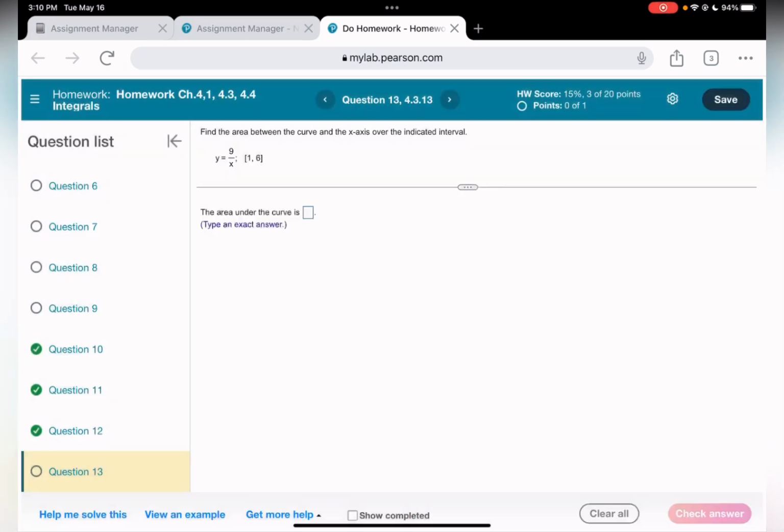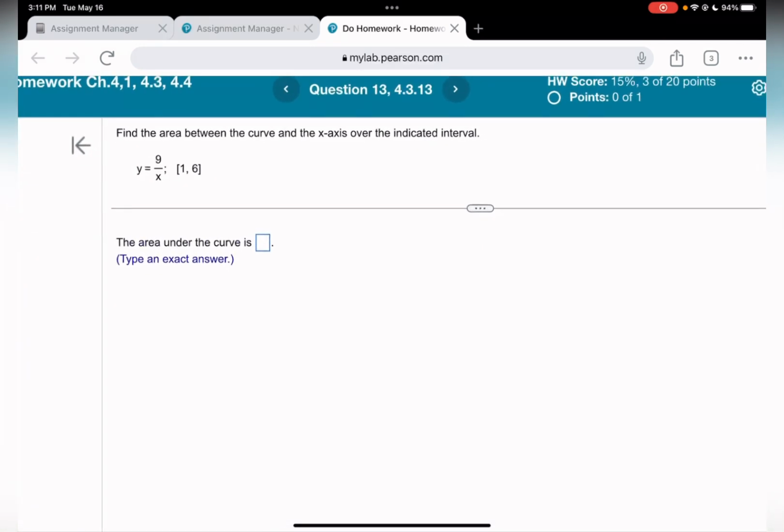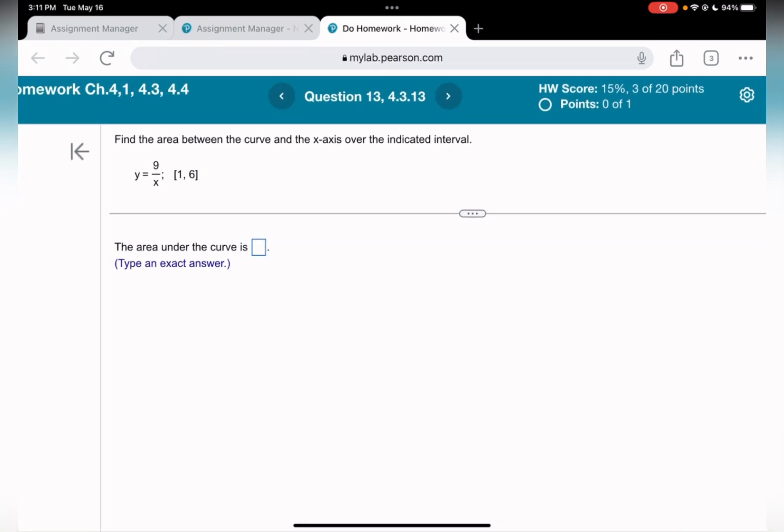Good job. Moving to question number 13. All right. Now see, it doesn't give you any curve anymore. It just gives you the expression of a curve, 9 over x. So it says find the area between the curve and x-axis over the indicated interval. So 9 over x, and we get on interval 1 and 6.